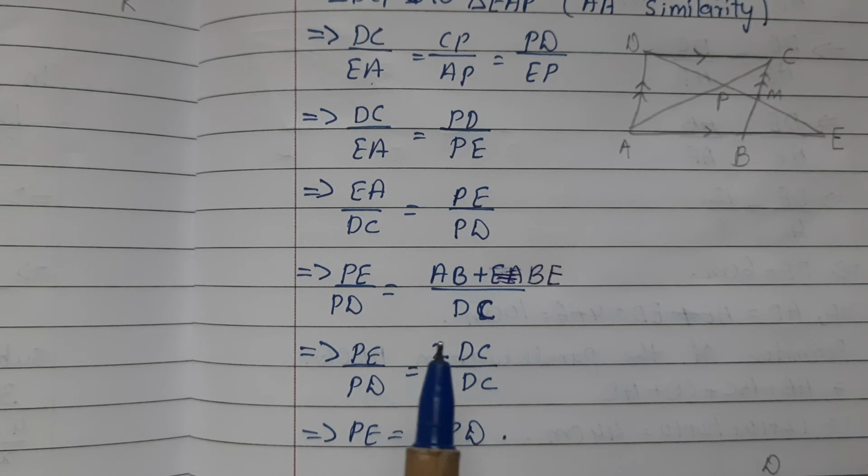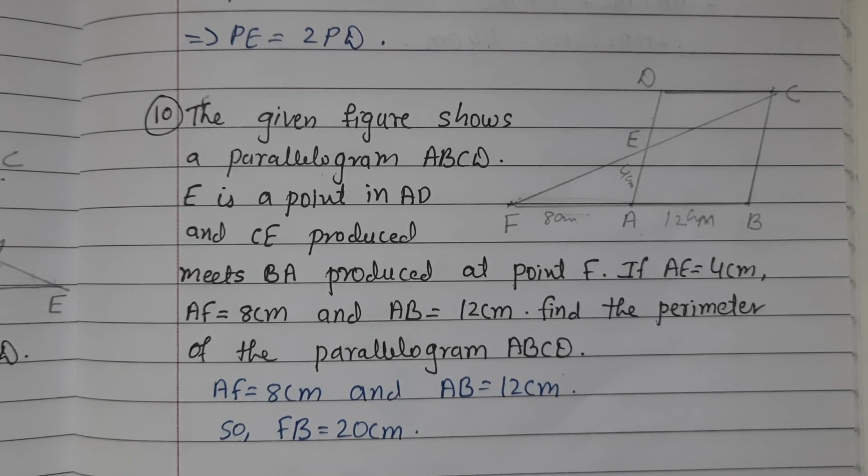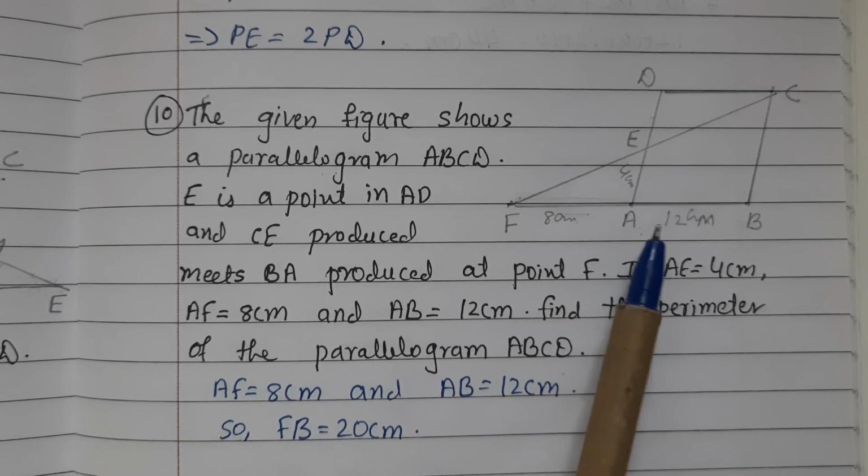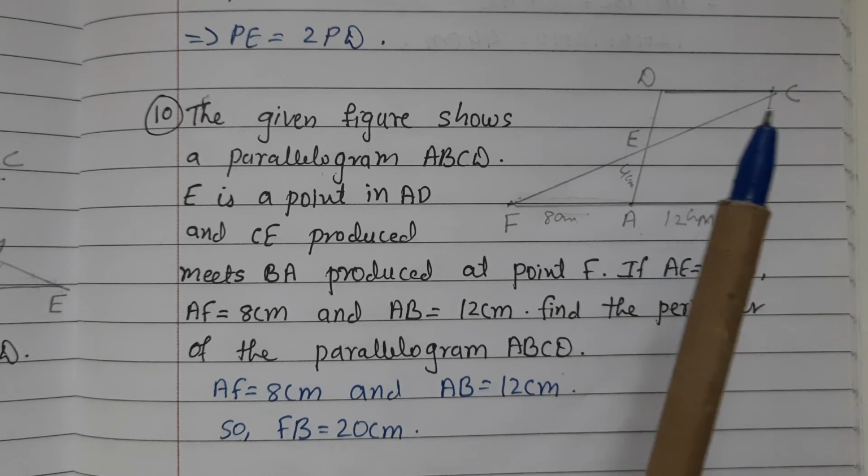So 2DC upon DC, DC gets cancelled. Therefore, PE is equal to 2PD. Hence, proved.